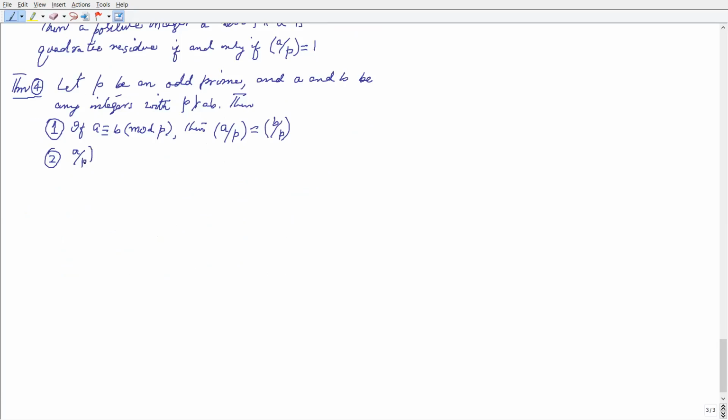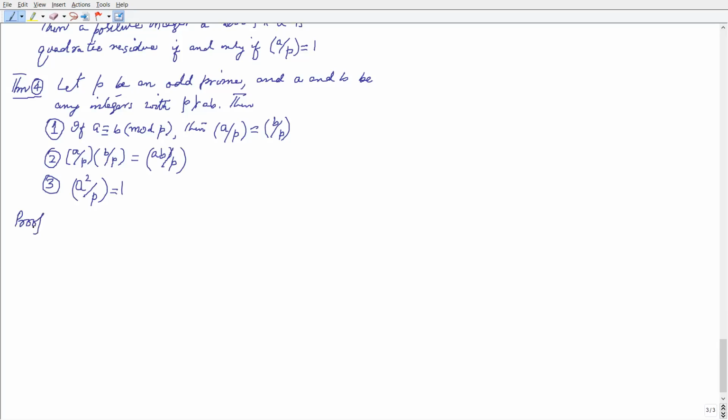The Legendre symbol of A for P times the Legendre symbol of B is equal to the Legendre symbol of AB by P. Number 3. The Legendre symbol of A square is always 1. Okay, so look at the proof of all parts.